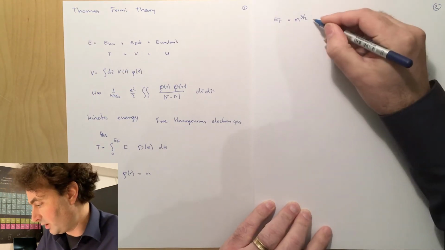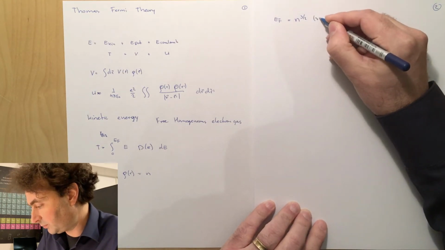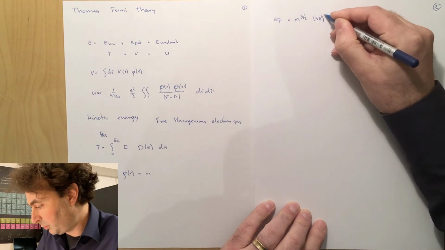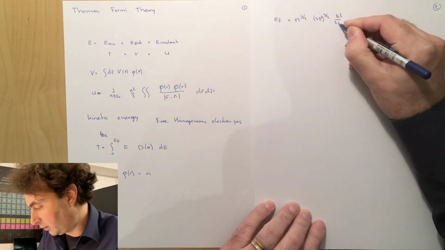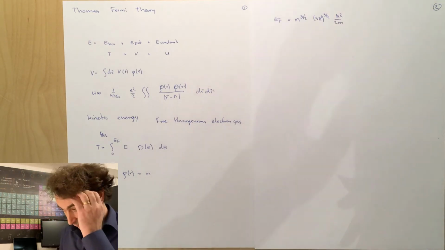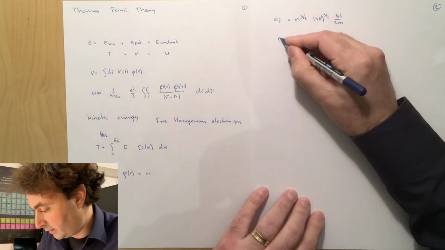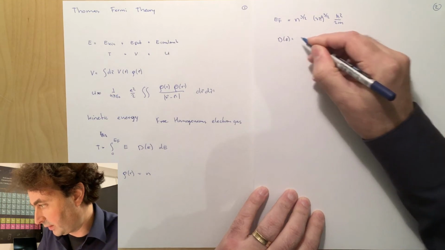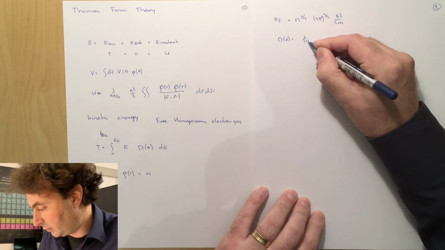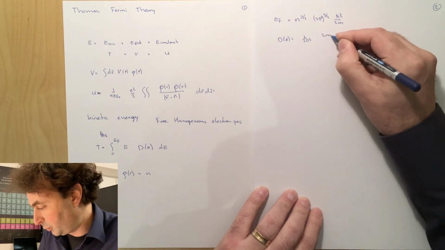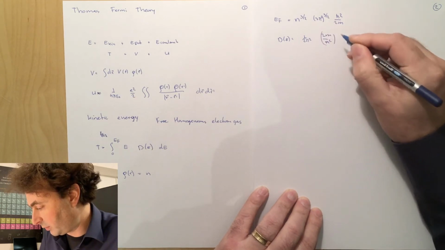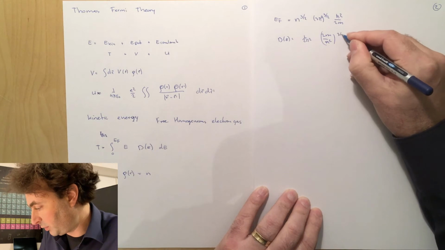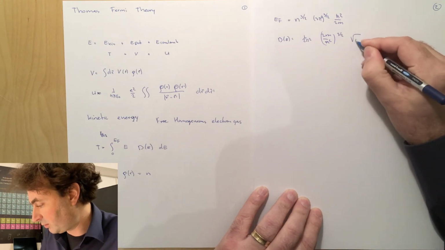And for the energy, this was n to the power 2/3, 3 pi squared to the power 2/3, h bar squared over 2m. And the density of states for our free electron gas is a square root of the energy with a beautiful prefactor, 2m over h bar squared to the power 3/2, 1 over 2 pi squared, square root of E.